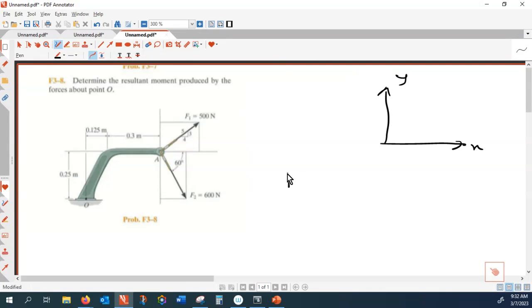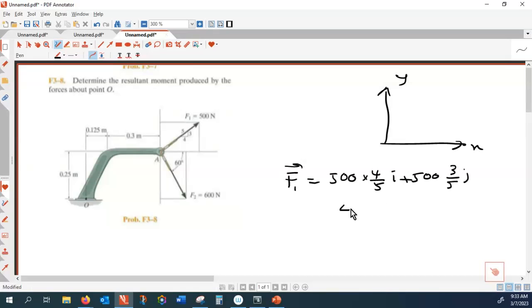So with this xy, F1 is what? F1 is 500 cos the angle, which is 4/5, and that is positive i. And then the j component is also positive, that is plus 500 times 3/5, and that is j, correct?